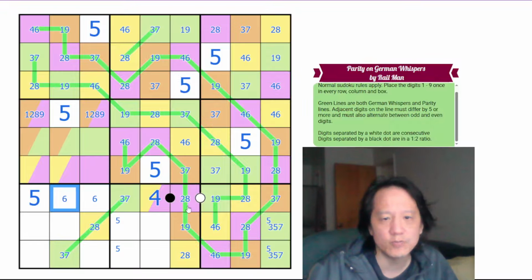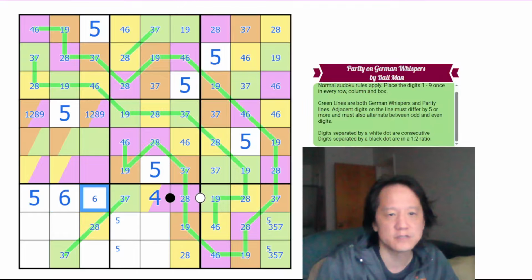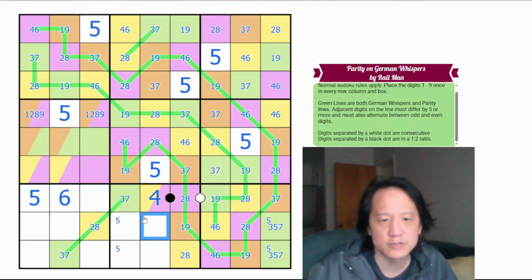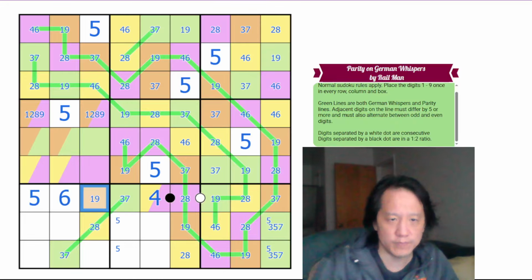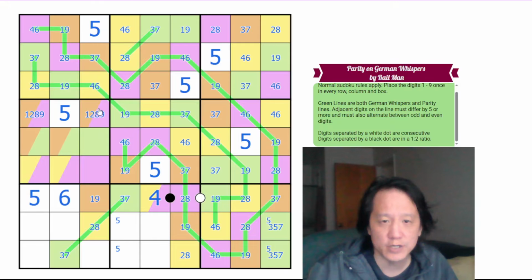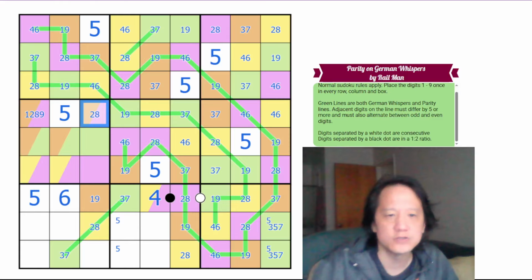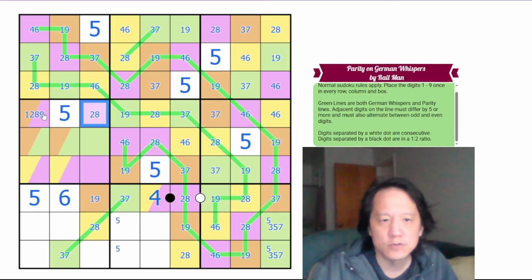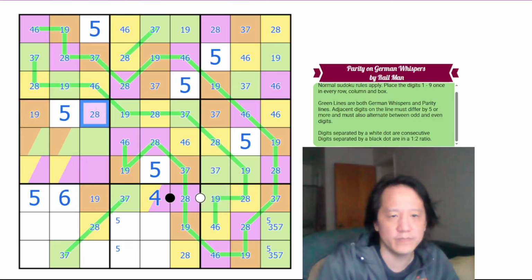This cannot be 1 or 9 because of the 1-9 pair in the column. So this must be 6, which means this can't be 6. So this is pink or yellow here. This cannot be the green 1-9. It's the orange 1-9 here. So since this is the orange 1-9, this can't be orange 1-9. So this must be the pink 2-8, which forces this not to be pink. This is the orange 1-9.